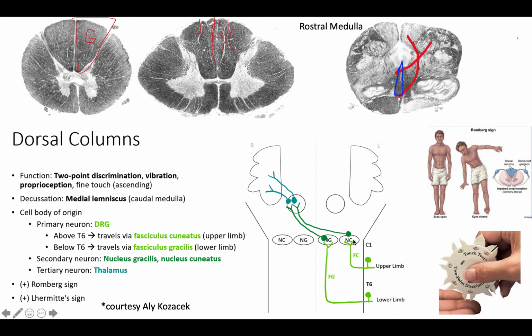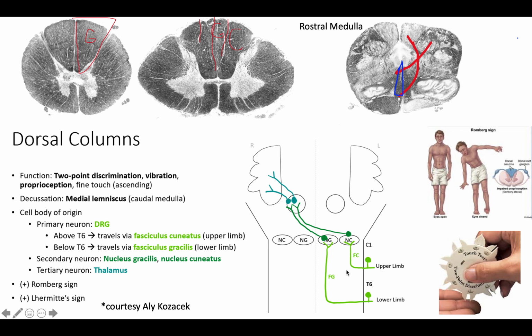Once they get up there, they're going to meet up in the nucleus gracilis and nucleus cuneatus. Obviously, the fasciculus cuneatus and the fasciculus gracilis will meet up in their respective nuclei. Instead of it being in the caudal or inferior medulla, this is going to decussate, or cross over, at the rostral or superior medulla.